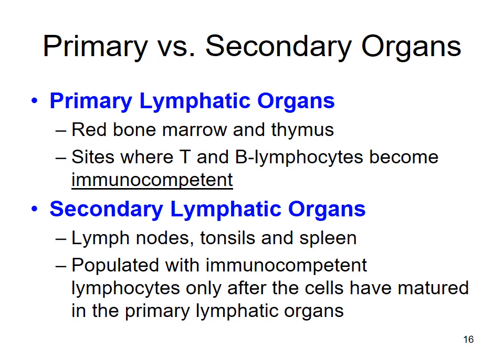And because these 2 cells have to go to those particular locations, that is then what makes the bone marrow and the thymus your primary lymphatic organs. Because once again, they teach the T cells and the B cells to become immunocompetent, discriminate between self and foreign antigen. Your secondary lymphatic organs are going to be everything else, okay?